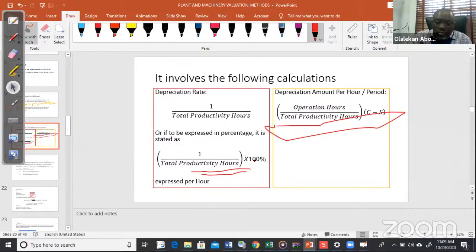This formula has taken care of everything in terms of depreciation amounts or accumulated depreciation.